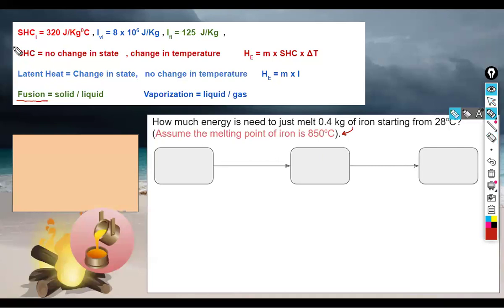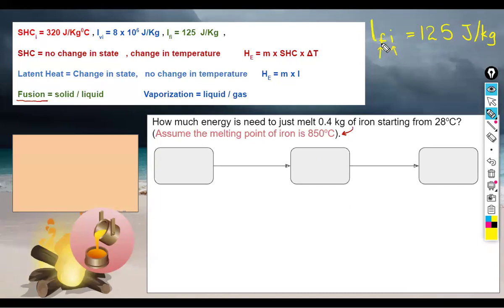So the values for iron are given up here. So we have to use the LFI. Let me write it back here properly for you. Not I, LFI was given as what? 125 joules per kilogram. The F stands for fusion and the letter I stands for iron. So you know the material.